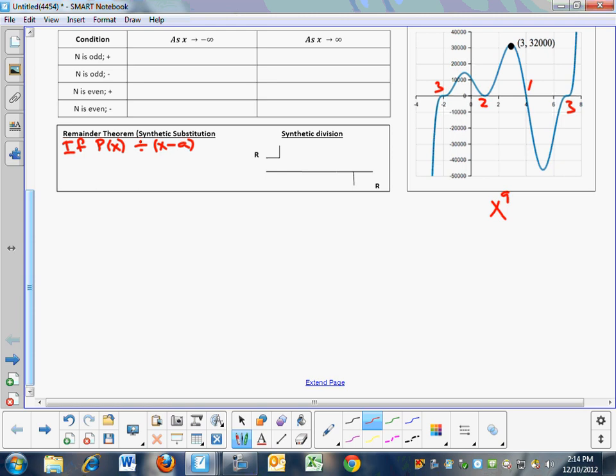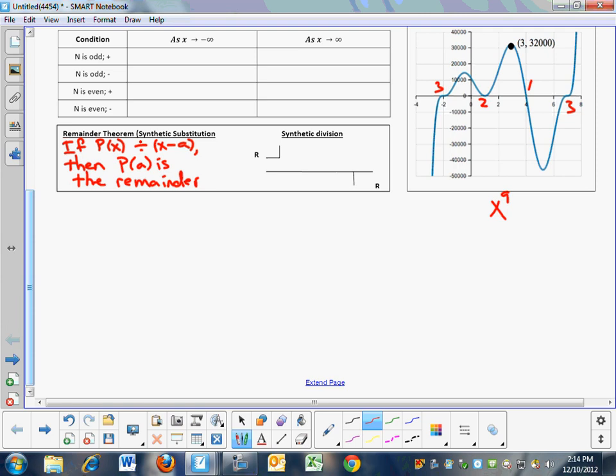Plug a into the polynomial. If p of x is divided by x minus a, then p of a is the remainder. Does that make sense? We know how to use that, right?